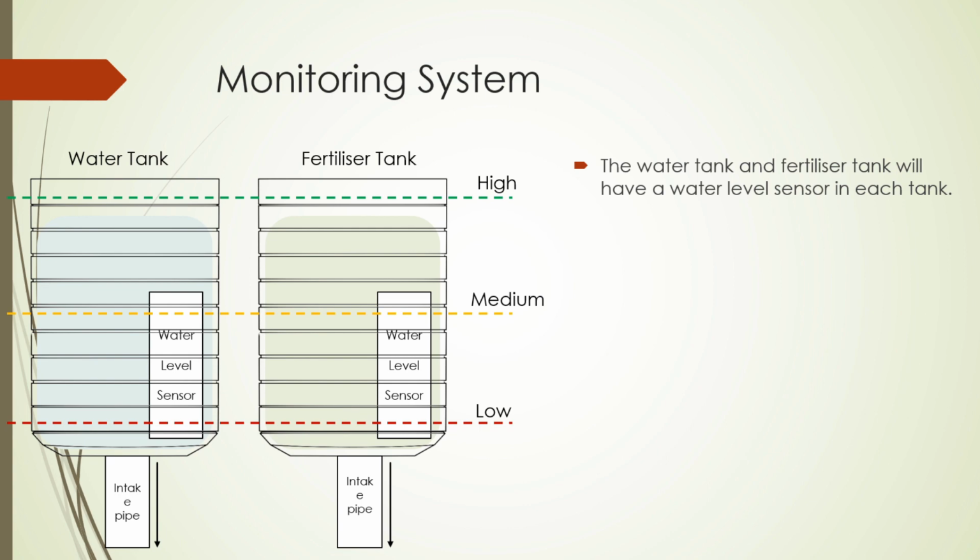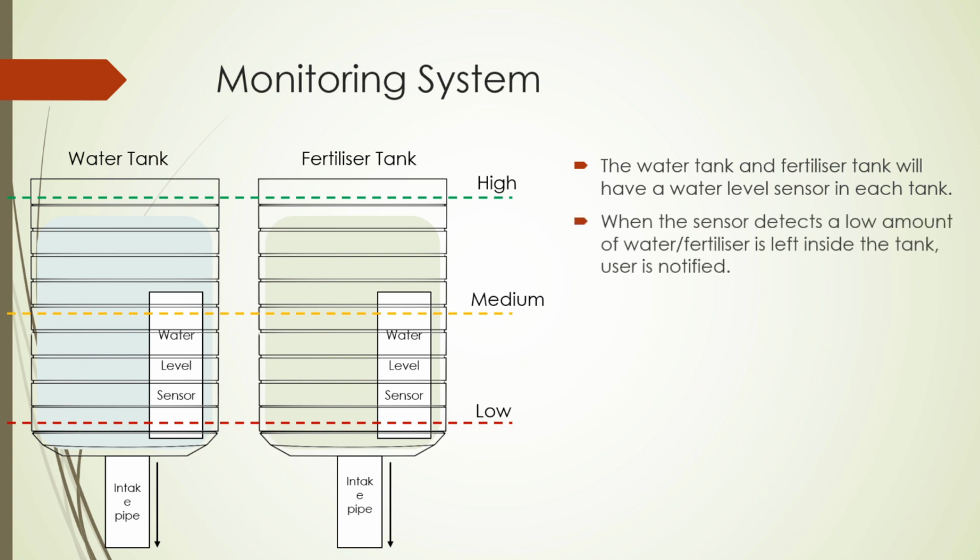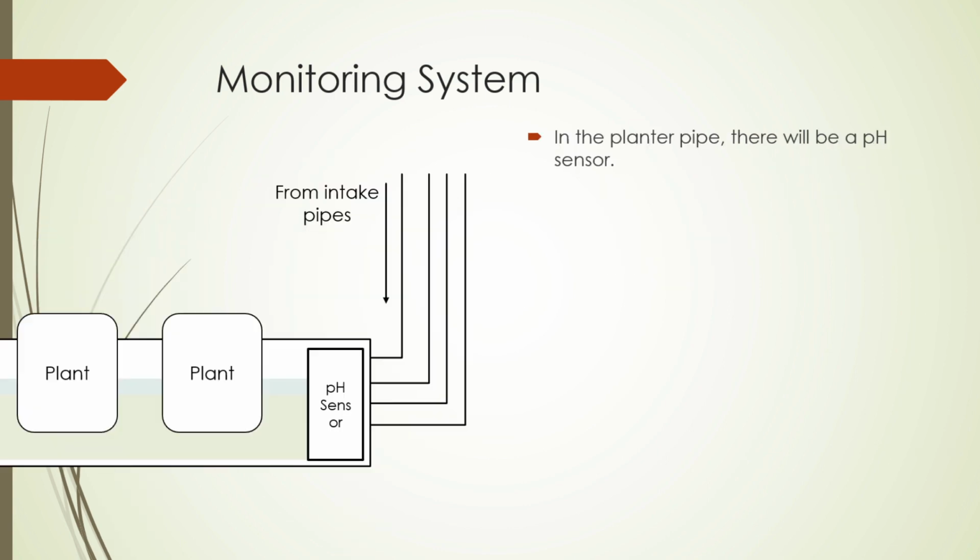Both of the tanks each have a water level sensor, and there are 3 levels of depth for simplicity: high, medium, and low. When the sensor detects that the water level or the fertilizer level in each tank is low, the users will be notified so that they can refill the water or fertilizer.